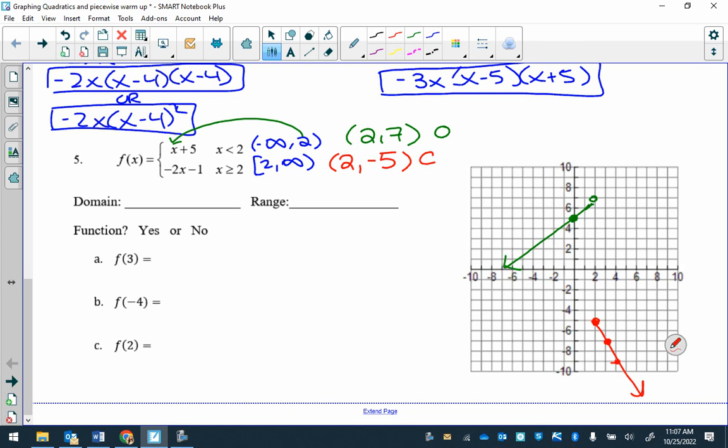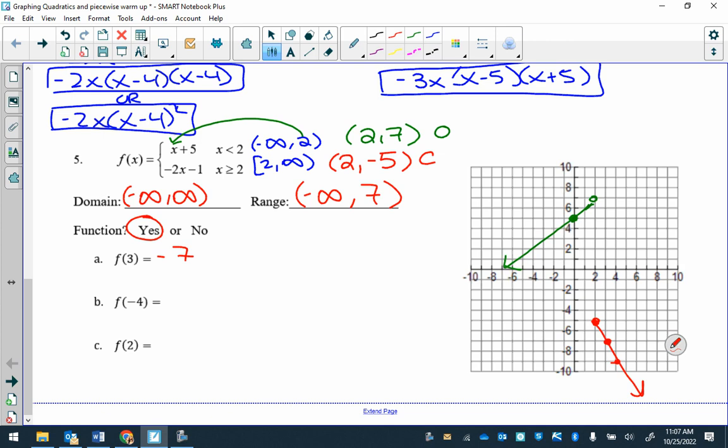So what would be my domain? Good. What would be my range? Negative infinity, 7, good. And how would I write it? Good. Is this a function? Yes, it is. F of 3, what would it be? Yeah, Jonah, -7, good.